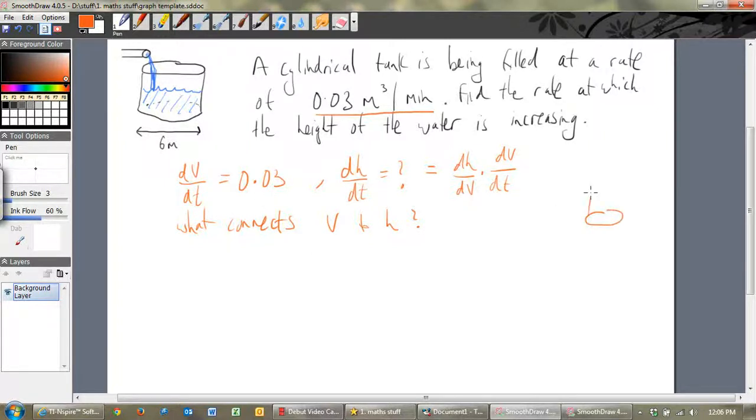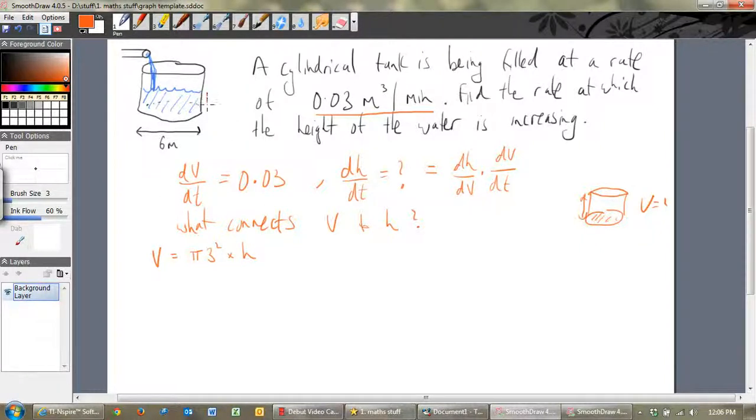What is the volume of any sort of cone like this? What's the volume of a cone? Well, the volume of this, sorry, I said cone, cylinder, will be the area of the base times its height. So our volume for this water level at any given height will be pi r squared, the area of the base, so pi, our radius is 3, so 3 squared, times its height.